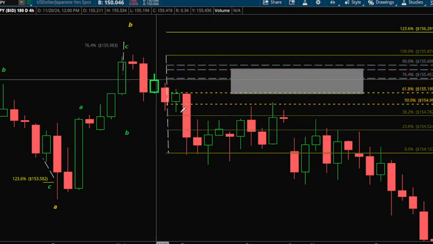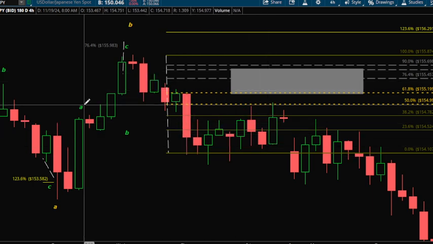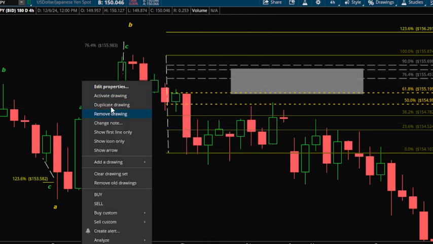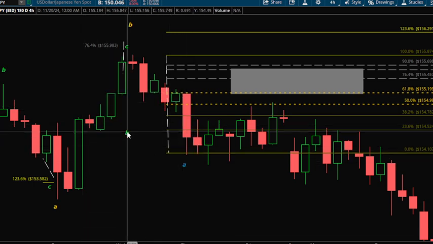Now, so here's our A. We found it to be complete, right? Because we could see 3 waves.